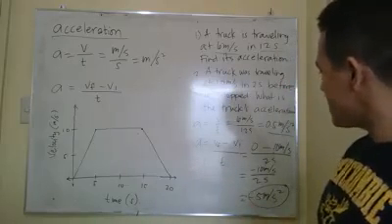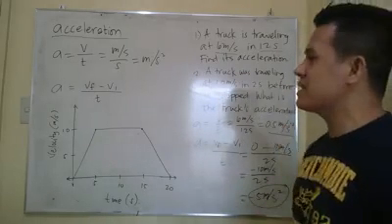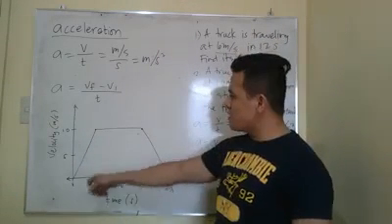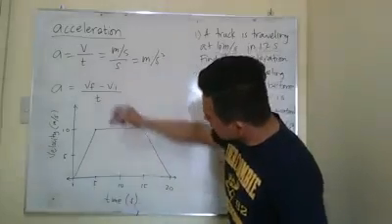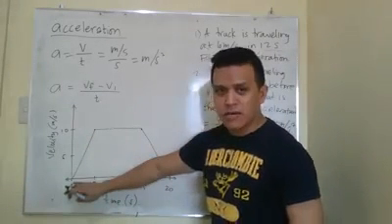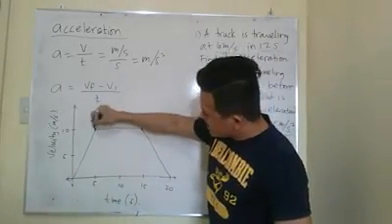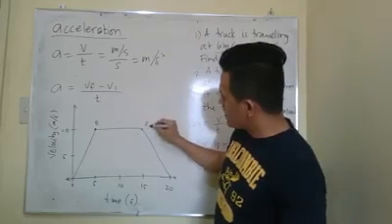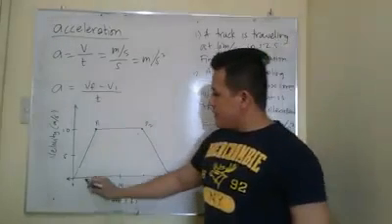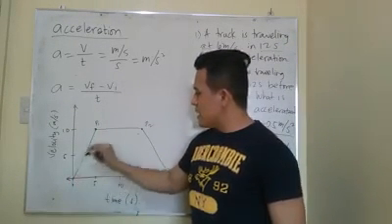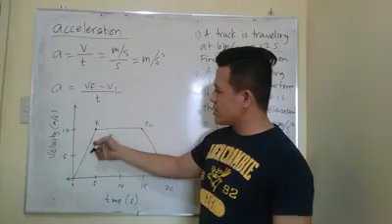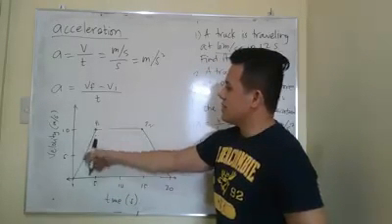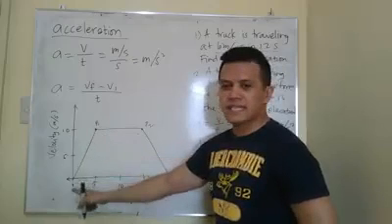Now, why is there a negative and a positive? Using this velocity versus time graph, we have from this point at rest, let's say this is point 1, point 2. From rest, a certain object is traveling. In this case, what is the acceleration?